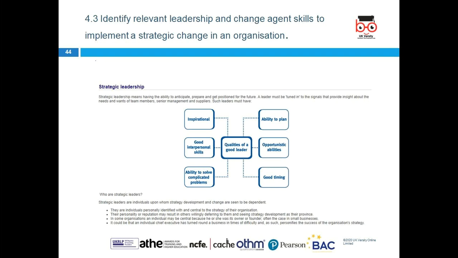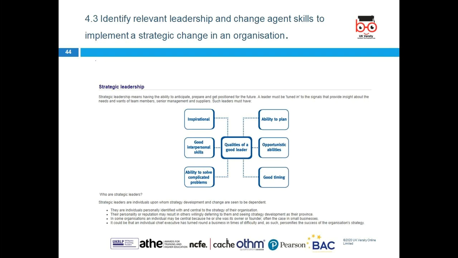A leader must be tuned to signals, well aware, informative, inspirational, with good interpersonal skill, ability to solve complicated problems, ability to plan, and opportunist ability.